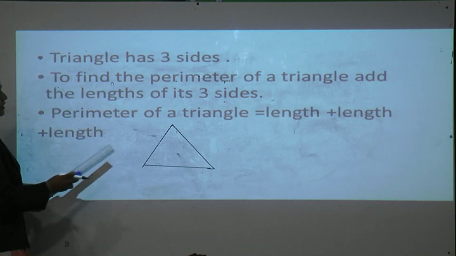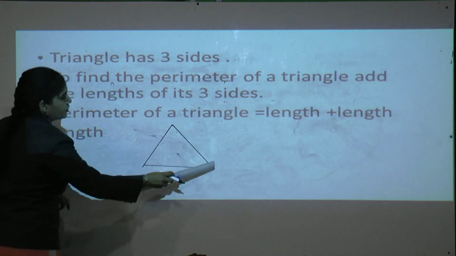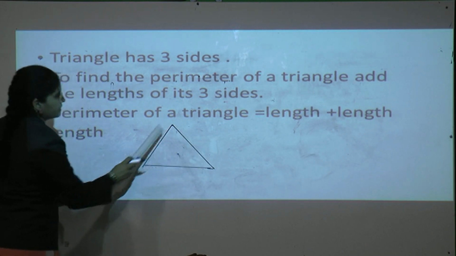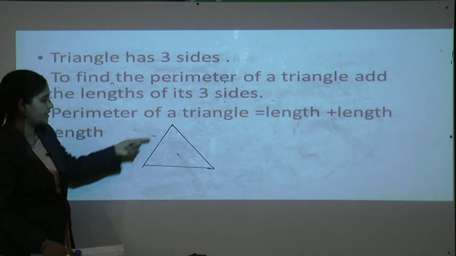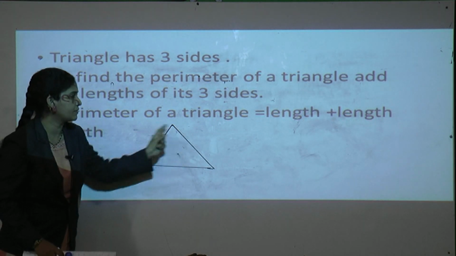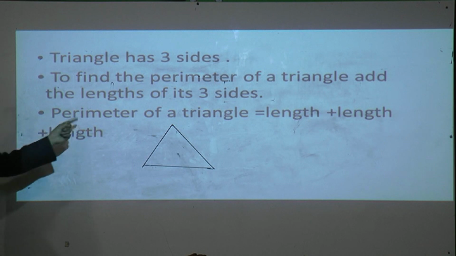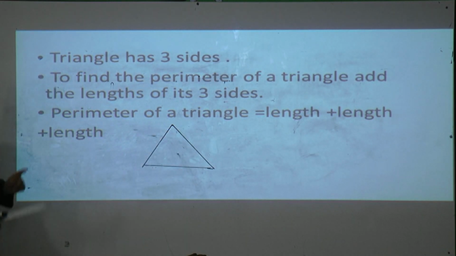Perimeter is the addition of these boundaries. So the perimeter of a triangle is equal to length plus length plus length.